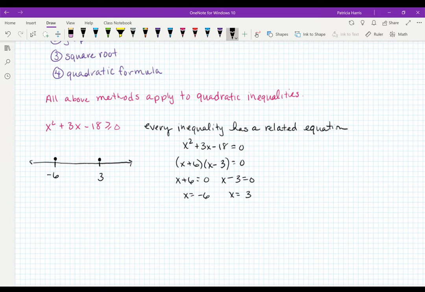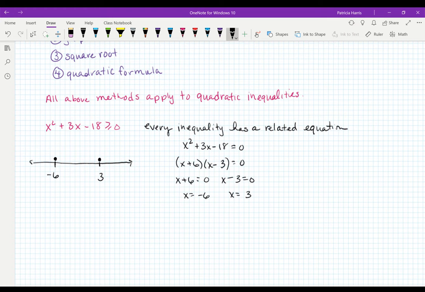What you'll notice is that the number line is divided into 3 parts. We have the portion that is to the left of -6, the portion between -6 and +3, and the portion to the right of 3.